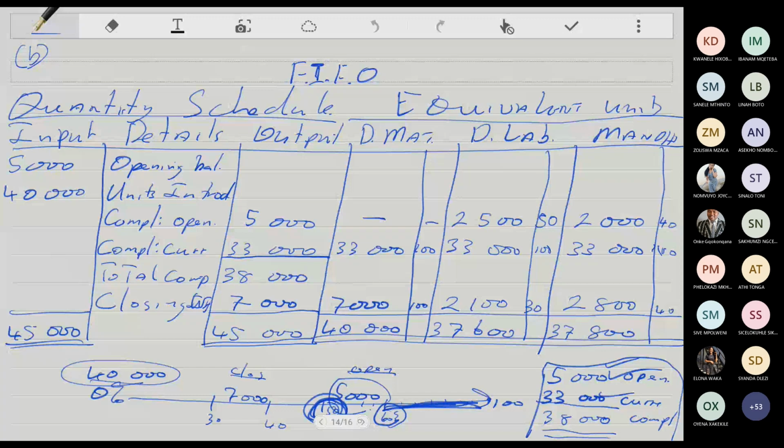So whatever we're going to do in the current production is going to be added on to that 20,000. So when we do our allocation, I will start again with our cost to date of 20,000.